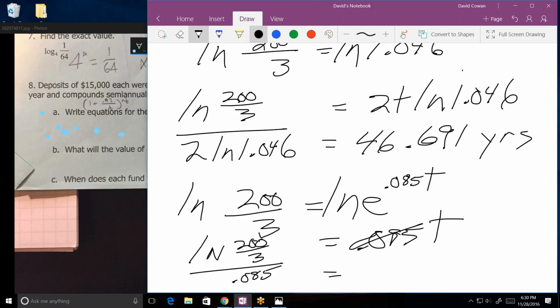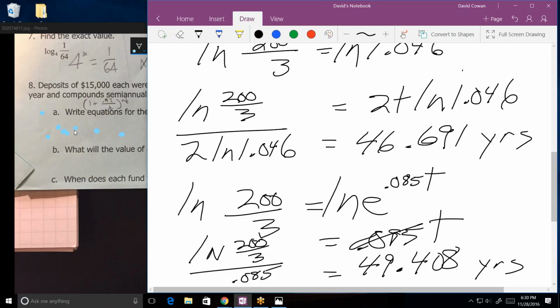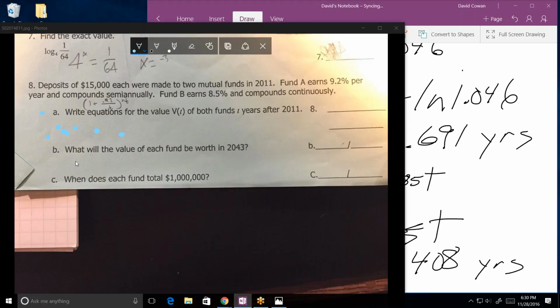Could be bigger than 46. Yeah, 49.408 years. And the only reason I knew it had to be bigger was from what we learned on number B, that even over a long period of time, Fund A outperforms Fund B. So if it's outperforming it, it's going to reach $1 million sooner.